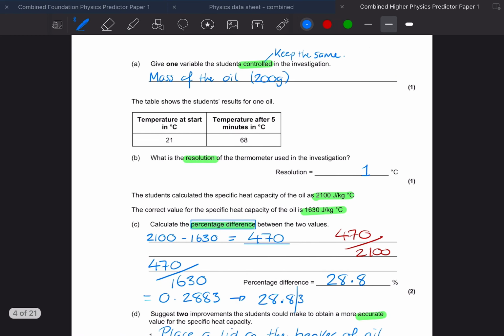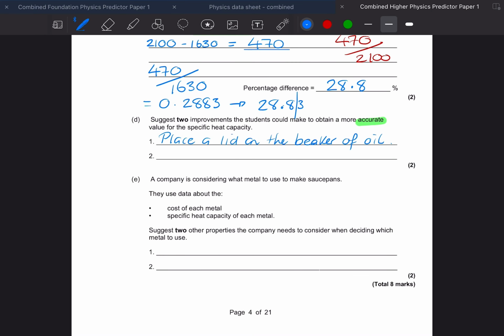So we'll say that's our second point: use a smaller heater which is fully submerged in the oil. There are 2 ways to make that more accurate.